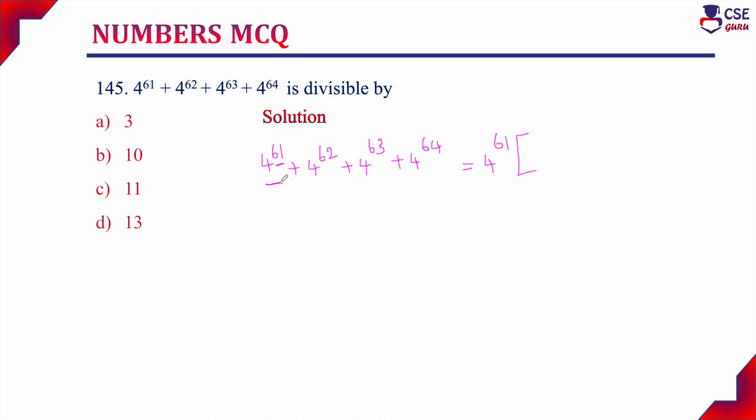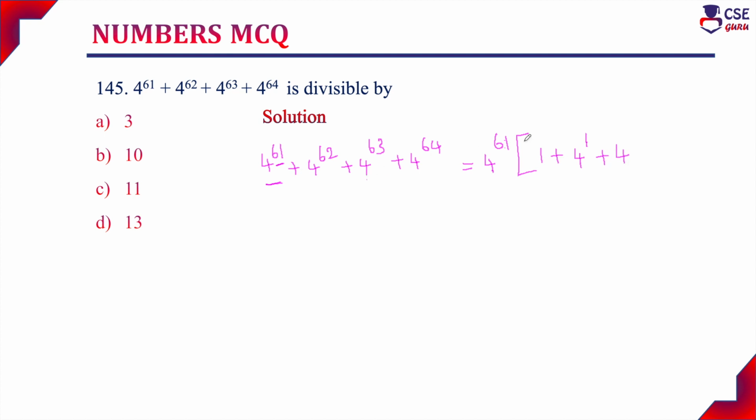Next, 4 power 61 is 1 time, plus 4 power 62 is 4 power 61 into 4 power 1, that is 61 plus 1, so 62 we will get.